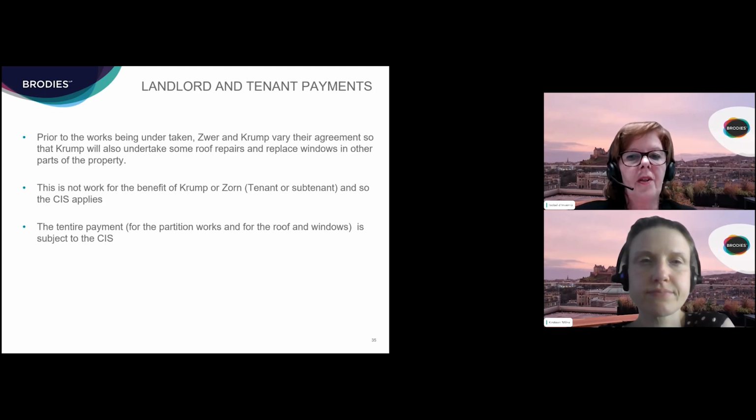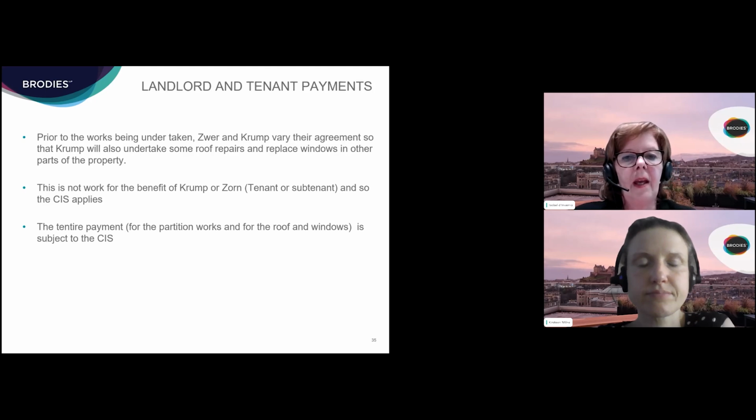Before the works start, the landlord and tenant vary their agreement so that the tenant will also undertake some roof repairs and replace windows in other parts of the property.